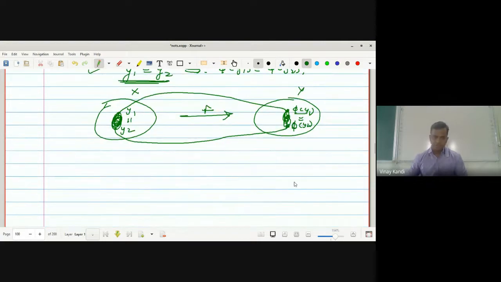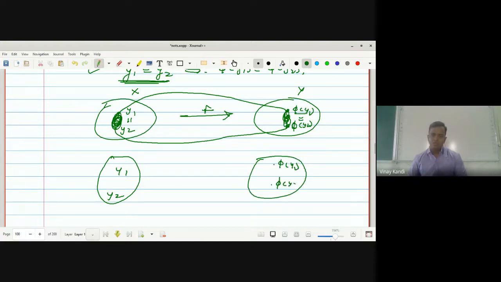ओके, suppose this is y1, this is y2, this is phi of y1, this is phi of y2. ओके, सपोज this is x1, suppose this is x2. Okay, image of y1, this is image of y2. हा y1 एकाच एलिमेंटला युनिक इमेज आहे तुमच्या कोडोमेन मध्ये x, this is y.